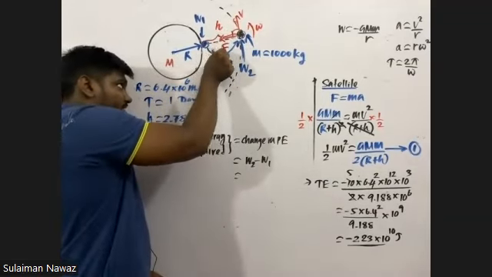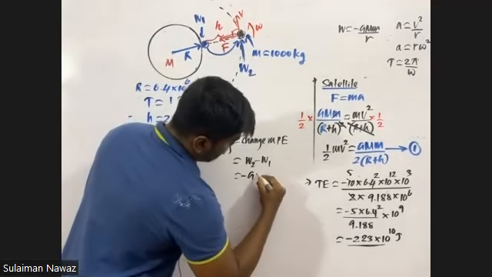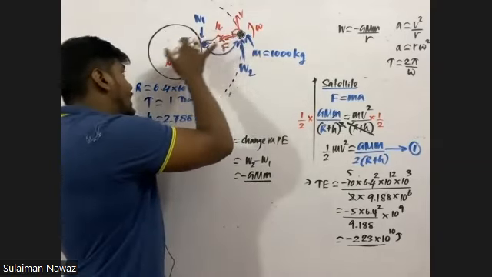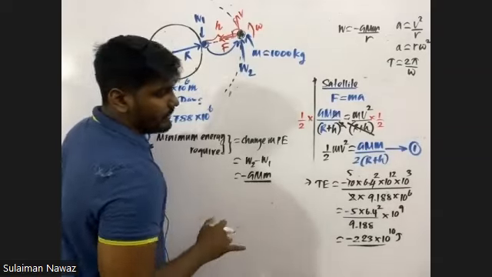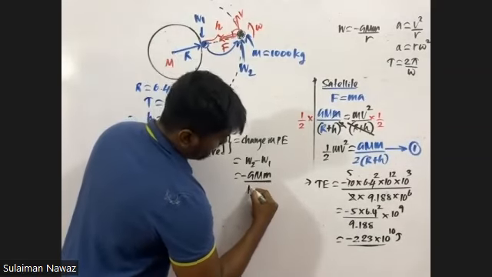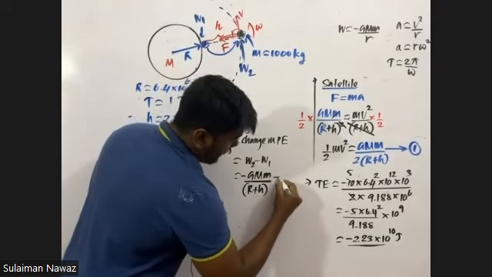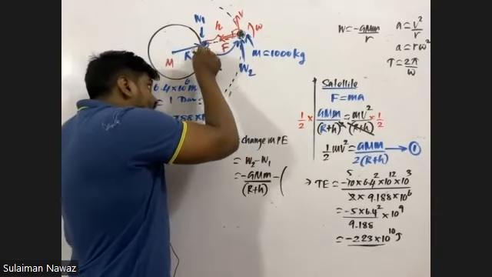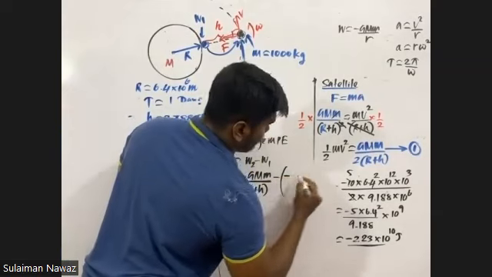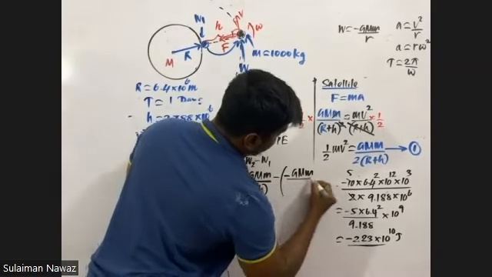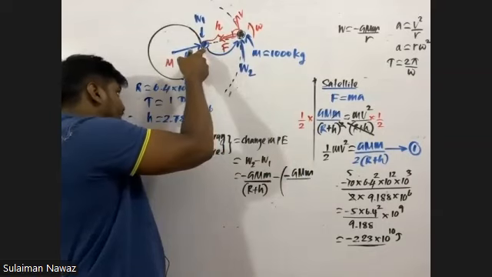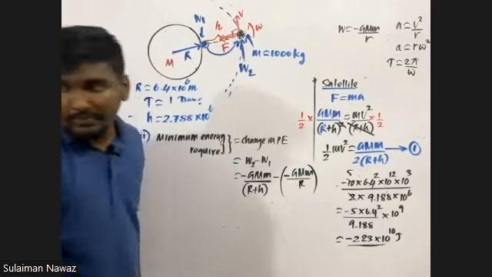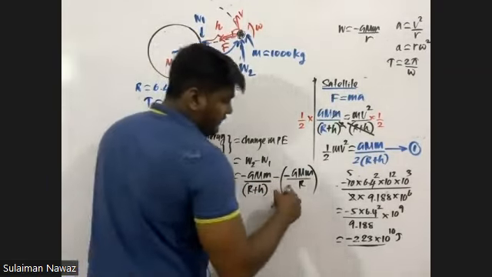Minus GMm over distance R plus h, minus W1, the gravitational potential energy at the surface of the Earth, minus GMm over the distance to the object at the surface of the Earth from the center of the Earth, capital R. Then minus minus will become plus.